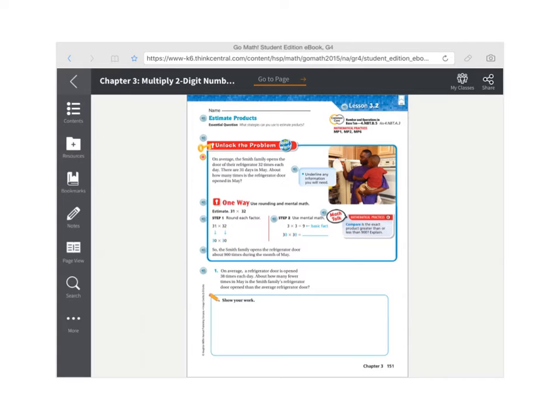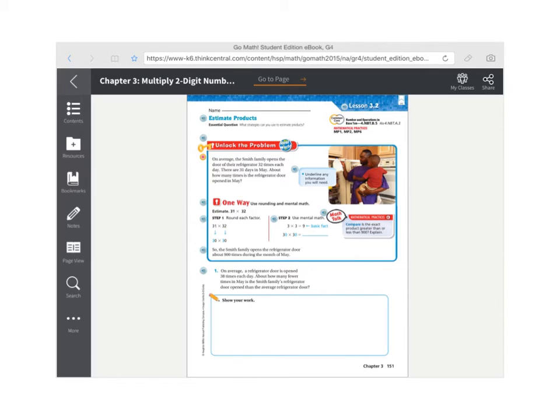Now, if we go down here to number 1, it says, on average, a refrigerator door is opened 38 times each day. About how many fewer, ooh, that's a clue for something. How many fewer times in May is the Smith family's refrigerator door opened than the average refrigerator door?